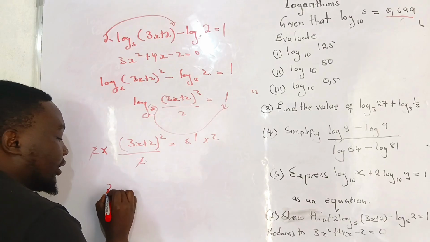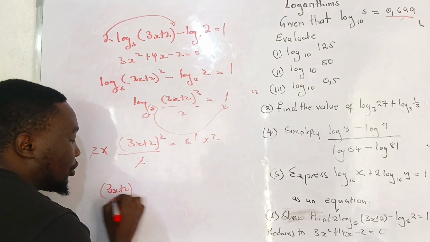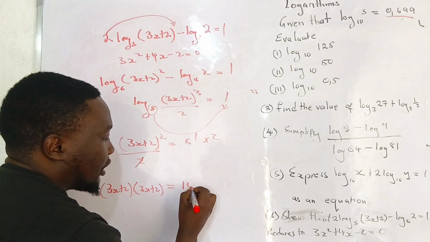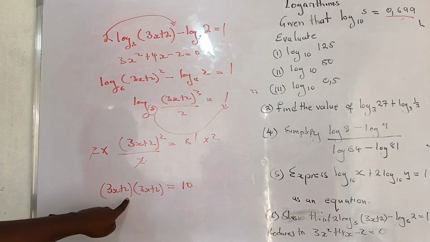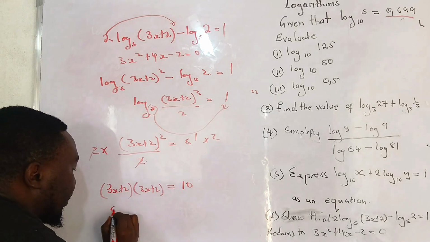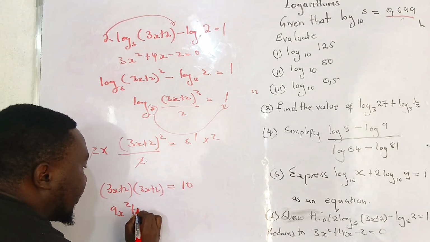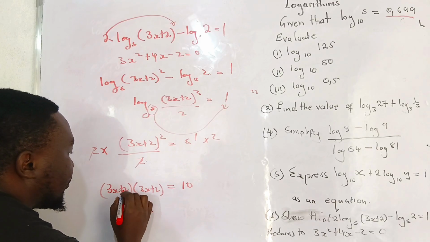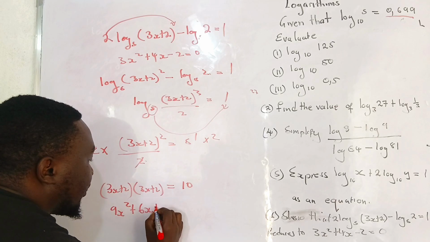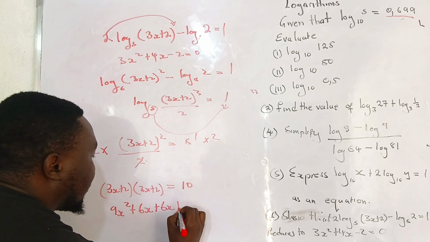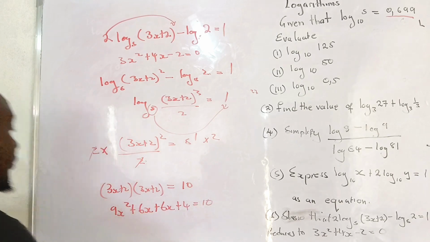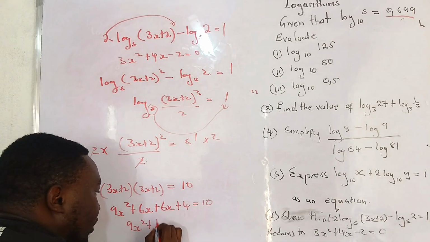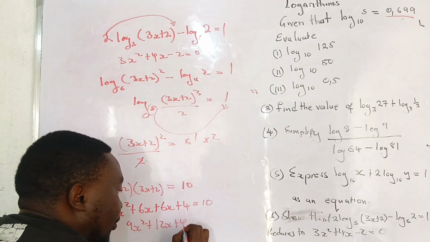So you expand the bracket. (3x plus 2)(3x plus 2) is equal to 10. 3 multiplied by 3 is 9x squared, plus 6x, plus 6x, plus 4 is equal to 10. So you have 9x squared plus 12x plus 4 is equal to 10.